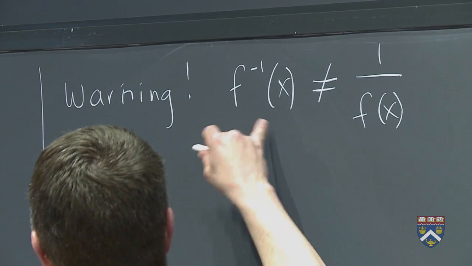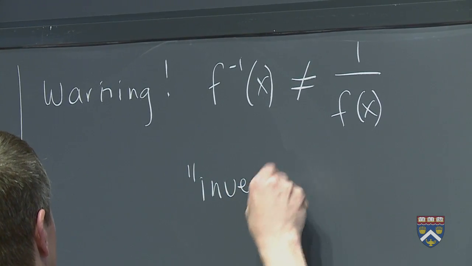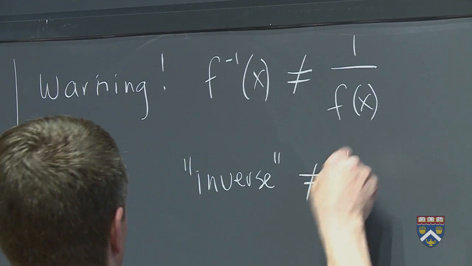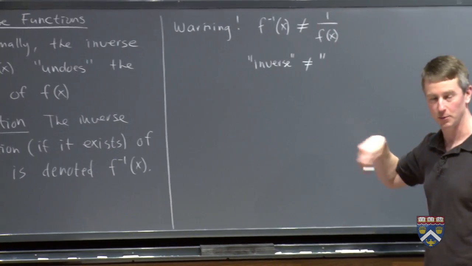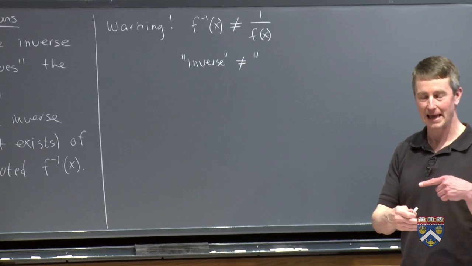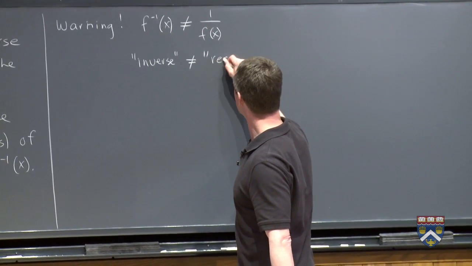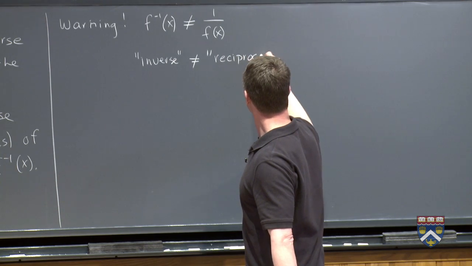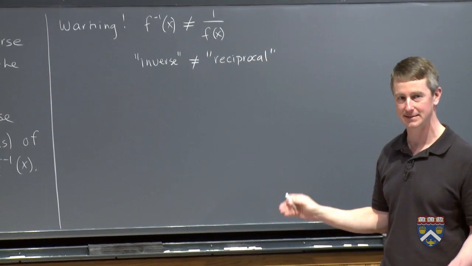That is to say, the word inverse is not synonymous, does not mean the same thing as whatever this word means. And what this word means is you take the reciprocal. So inverse and reciprocal are completely different things, as we will see in the very next example.